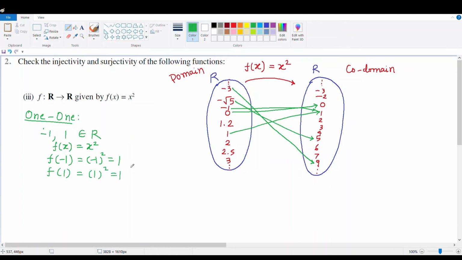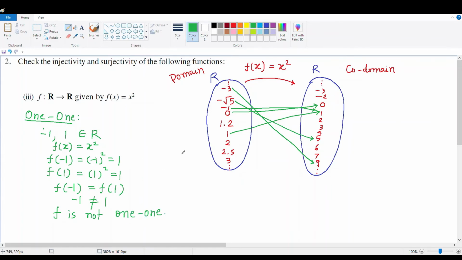So we saw that f of -1 is equal to f of 1, even though -1 is not equal to 1. When this happens, that the function value of some number and the function value of some other number are equal, but those inputs, those x values from the domain, are different, then that function f is not 1-1.